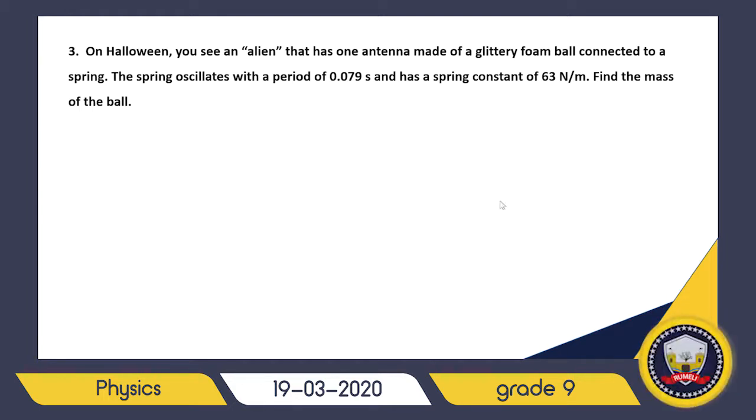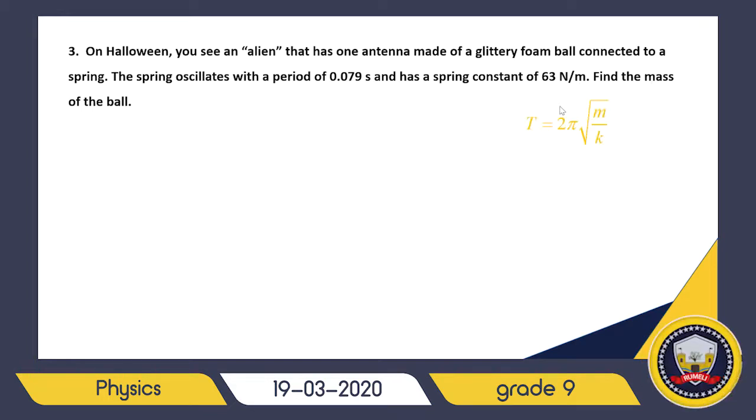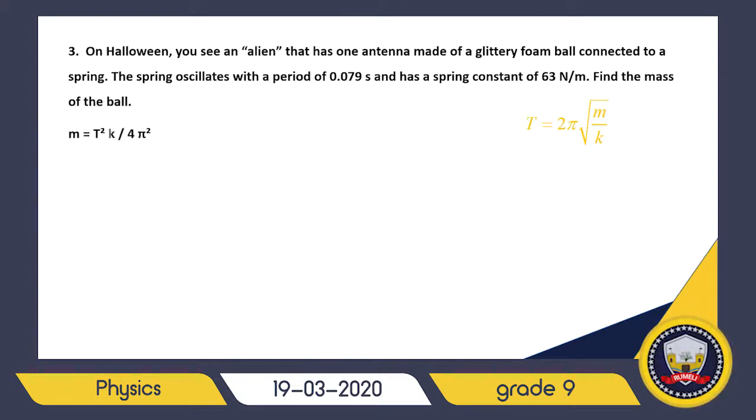Here again we need the mass, but we have k, so we are going to use the formula T equals 2 pi square root of m over k. To get m alone on one side, we have to get rid of the square root by squaring the two sides, then cross multiplying. So m equals T squared multiplied by k divided by 4 pi squared.